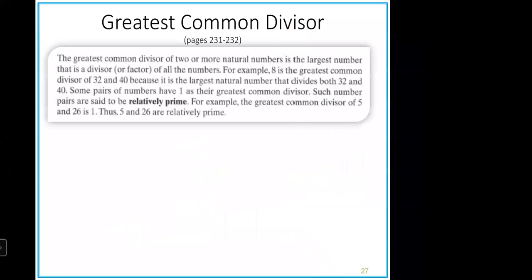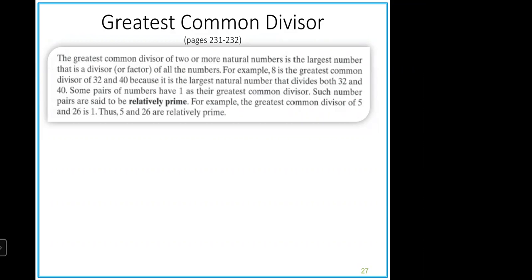Prime factorization is useful for solving certain problems, such as finding the greatest common divisor or the lowest common multiple. We're going to look at greatest common divisor, lowest common multiple, and solving problems using those two principles.